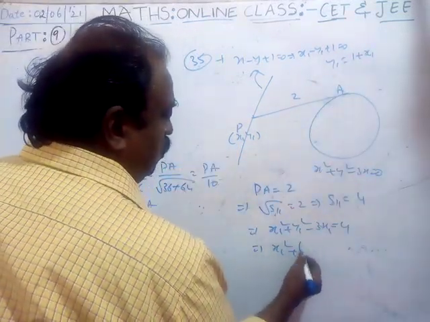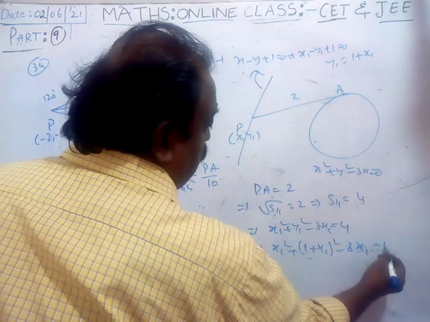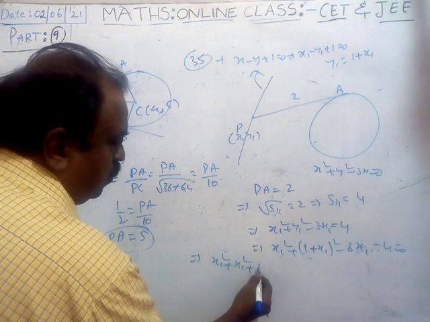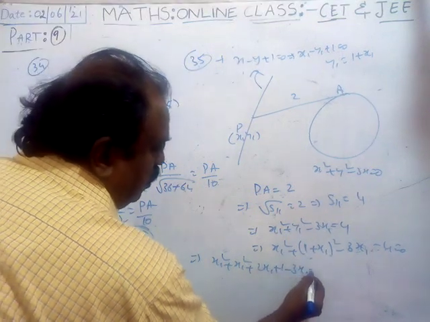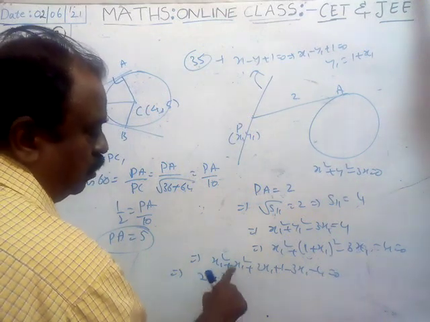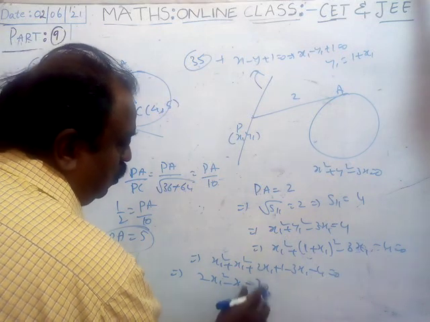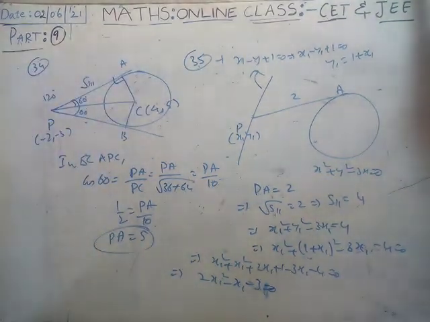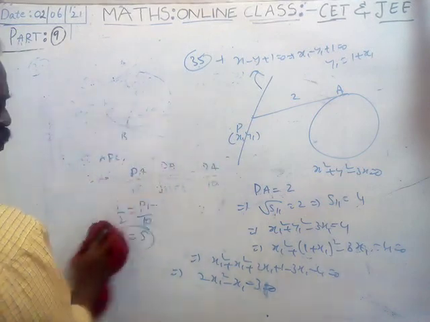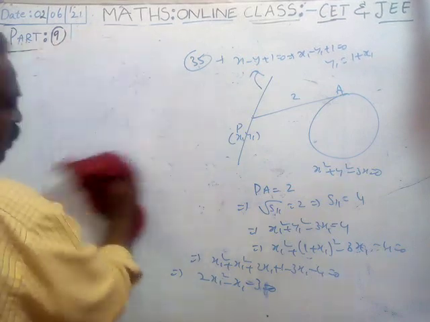So I substitute. Y1 square means (1 plus x1) whole square, minus 3x1 minus 4 is equal to 0. That means x1 square plus x1 square plus 2x1 plus 1 minus 3x1 minus 4 is equal to 0. That is 2x1 square minus x1 minus 3 is equal to 0. So we get one quadratic equation in terms of x1.